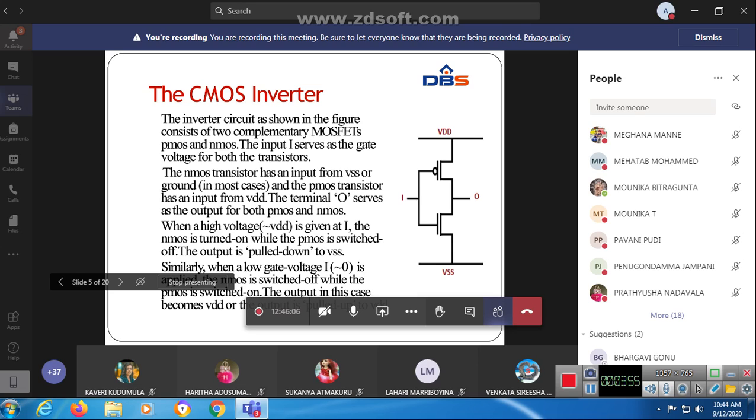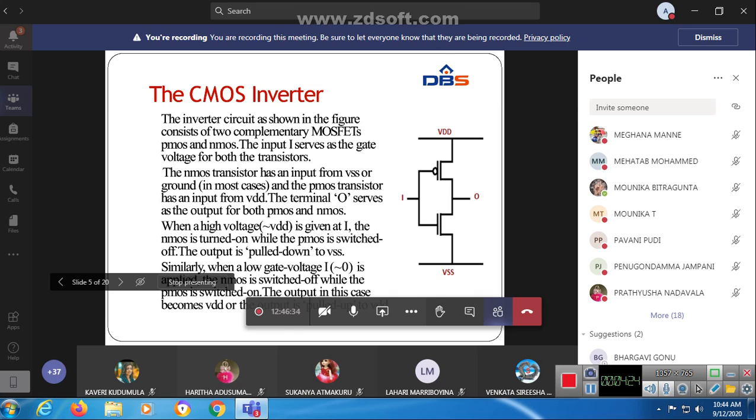We already know the terminals of a transistor: the drain, the source and the gate, and both of the gate terminals are connected to the input. In between the source and the drain of the NMOS transistor, we take the output of the device, and the source terminal of the NMOS transistor is connected to the ground terminal.